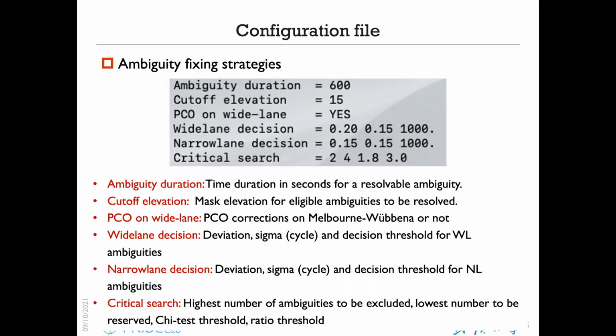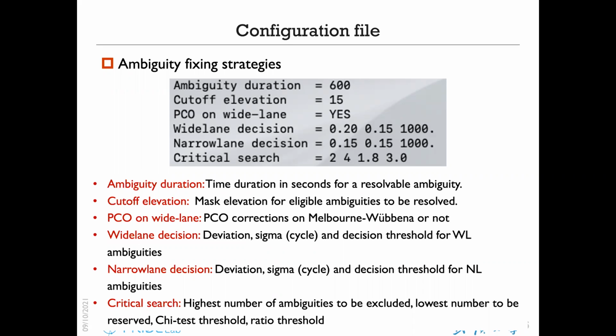Then the second one is the cutoff elevation. The cutoff elevation is similar, for the quality control of eligible ambiguities. Sometimes the satellites for your ambiguities are always located at low elevations, and the measurements for these satellites are very noisy, and therefore your ambiguity estimates for these satellites will be very noisy as well, and their precision will be quite low.